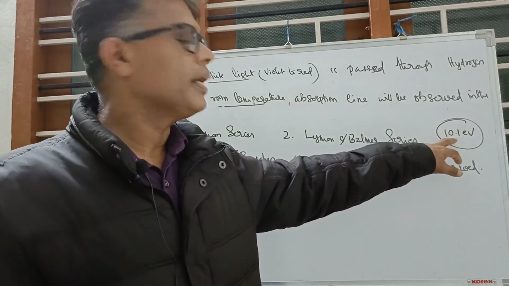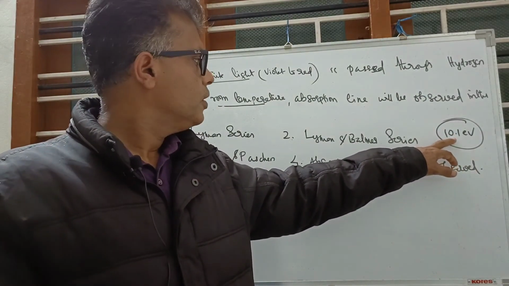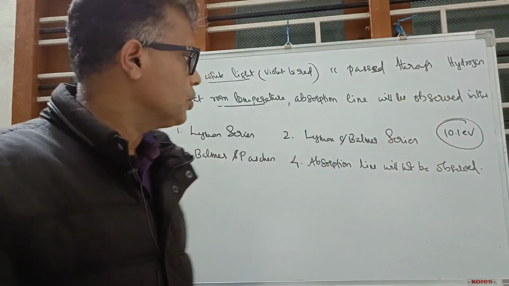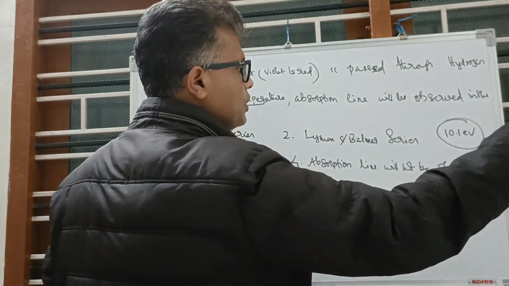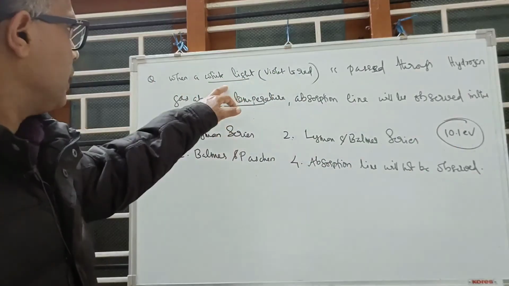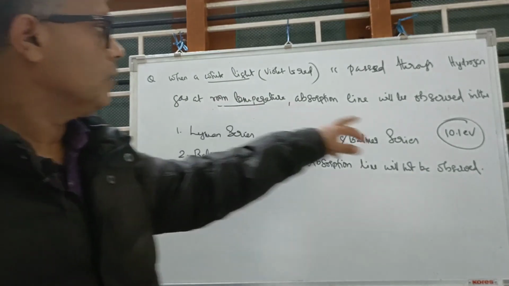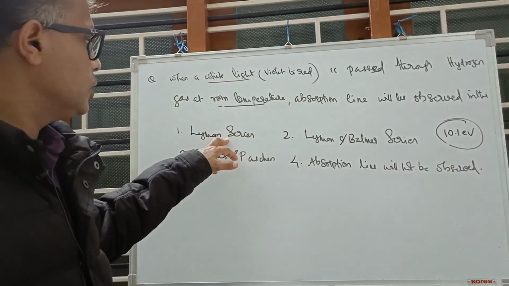It is n is equal to 1. So from second to 1, or 1 to second. So it is going from 1 to the second orbit. It is going to jump up. So 10.1 electron volt is required. For white light at room temperature, 10.1 electron volt is not available in the light. So Lyman series is not there.